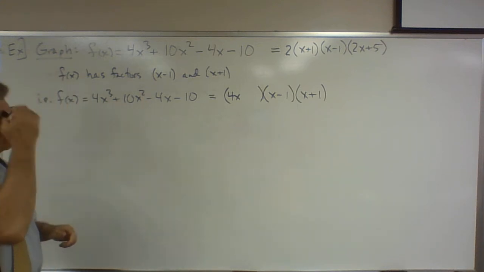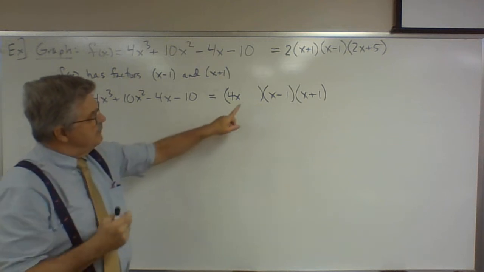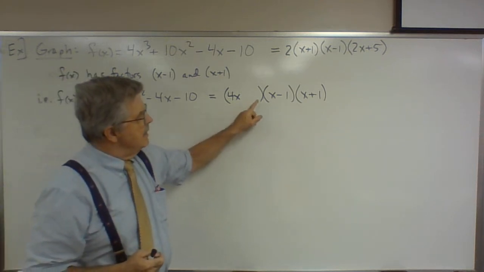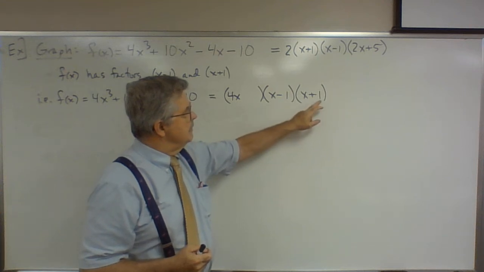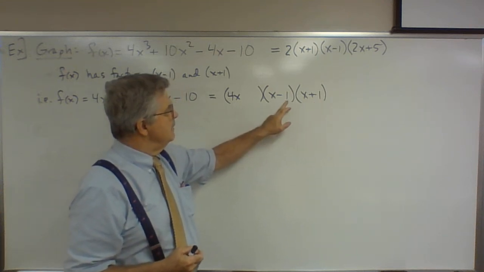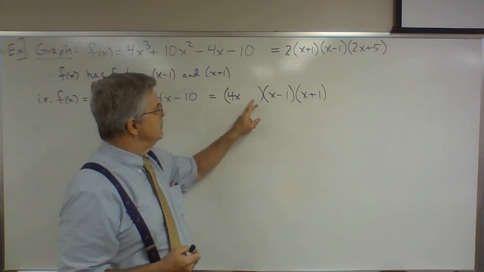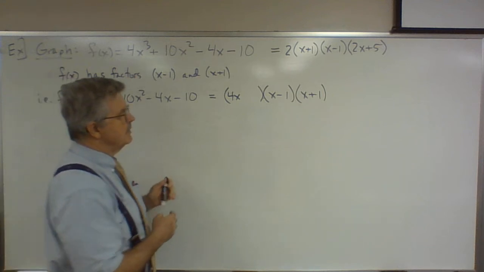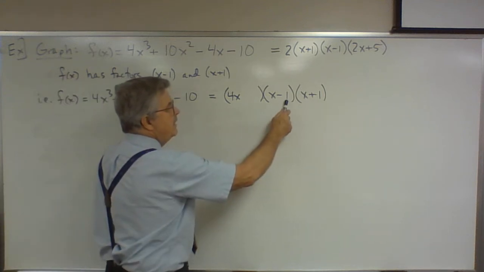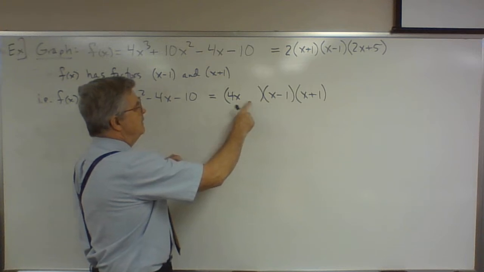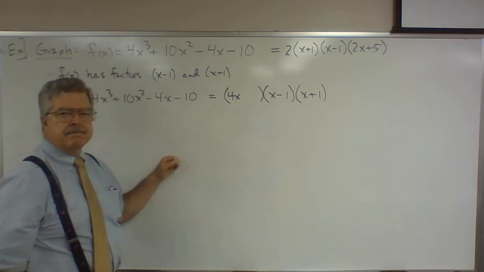So 4x is what goes here. Now, whatever goes here is going to be a constant term. And it has to be such that when we take this number, 1 times minus 1, and multiply it by this number, we get negative 10. 1 times minus 1 is negative 1, times whatever goes here is minus 10.